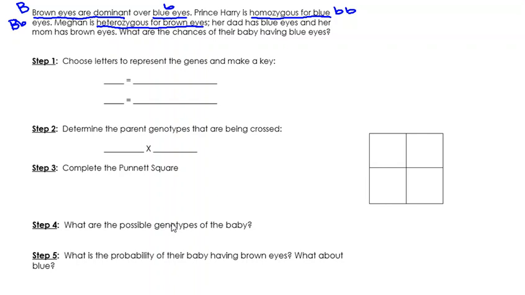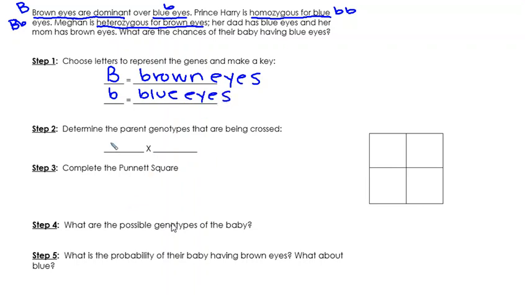What are the chances of their baby having blue eyes? So here are a couple steps to go through to be able to answer that. Step one is to choose the letters to represent the genes. We already did that. Capital letter B is going to represent brown eyes, and lowercase b is going to represent blue eyes.